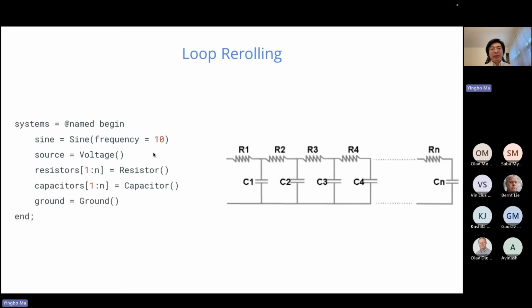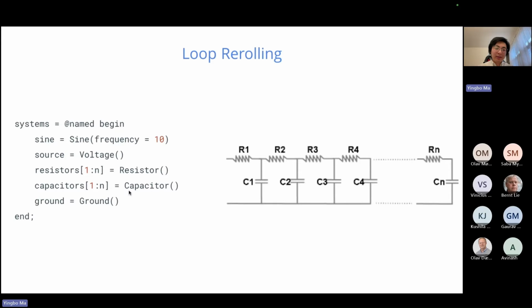To take advantage of the loop rerolling transformation in the DigiWell compiler, we must, in the front end, instantiate this model in batch, meaning that we need to communicate to the compiler that we are instantiating the same resistor model n times, right?